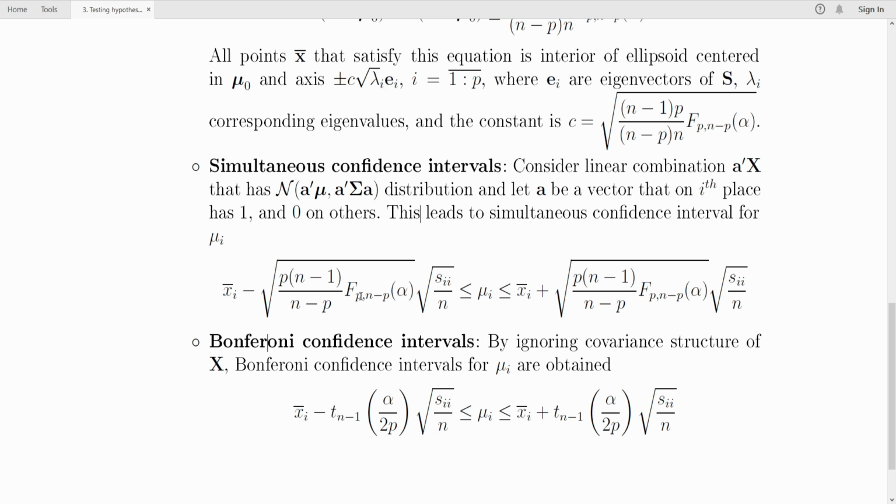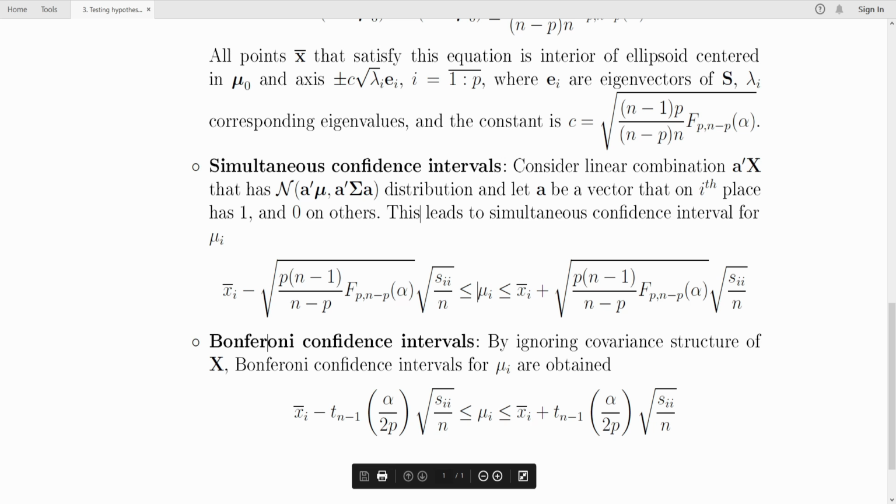This is why they are wider, because all at once, simultaneously, they have this confidence coefficient. Instead, if we compute them one by one, each with confidence 1 minus alpha, then the probability that they simultaneously hold is going to be 1 minus alpha to the power of p, which is a much lower probability than 1 minus alpha. This is why we call them simultaneous confidence intervals. It is easy to compute them.